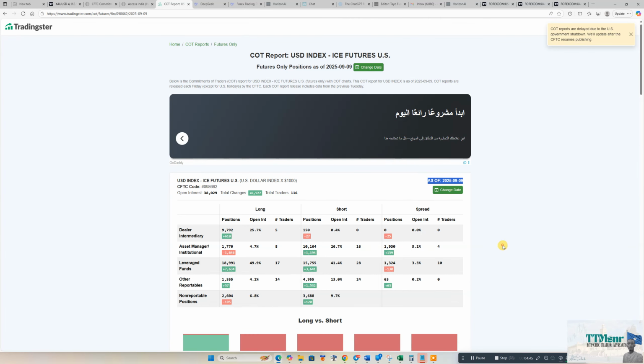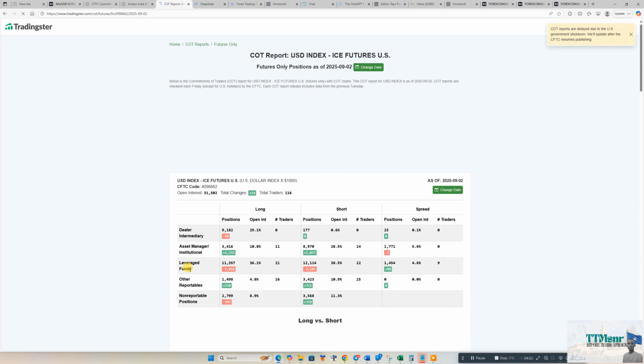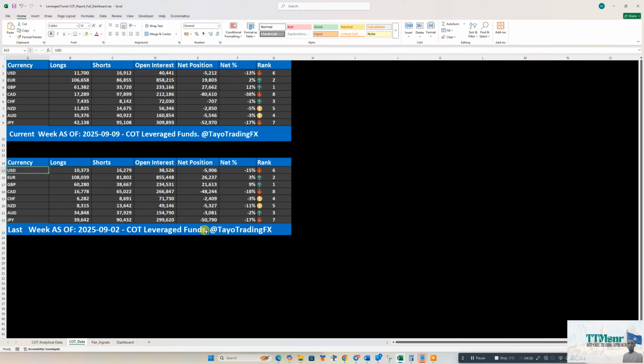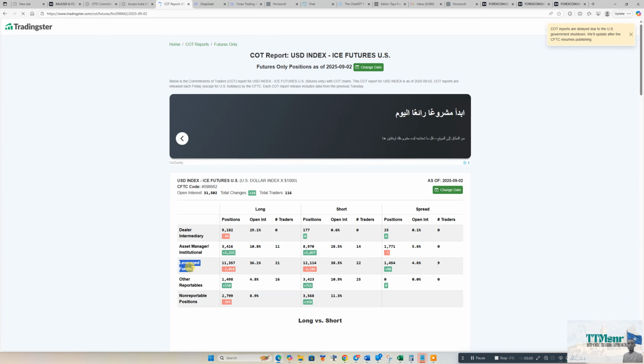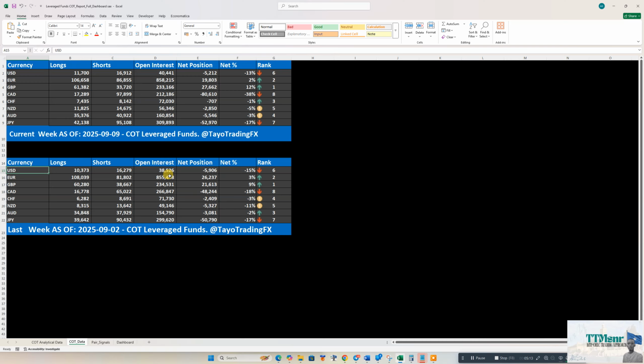So what we can do is go back, and since our terminal is based on leverage funds, all we want is leverage funds only. For leverage funds, we want open interest first for this week. So this was the open interest, and then open interest for this week.